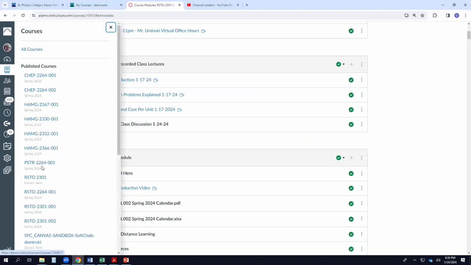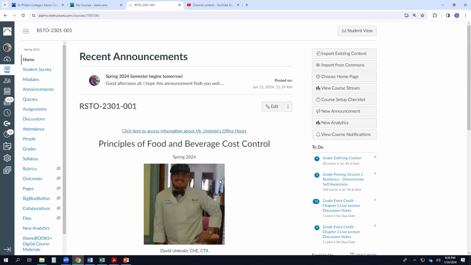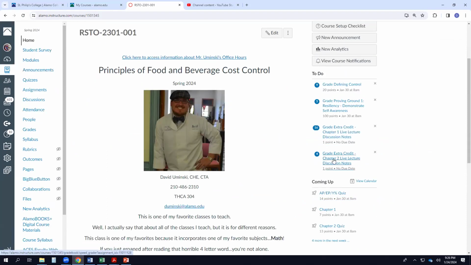I'm going to show you my other cost control class since I know that I have the due dates in there. For those of you who are not familiar, or maybe your other teachers don't use due dates in Canvas as much, your to-do list on this side over here, okay, is everything in order based on the due dates.